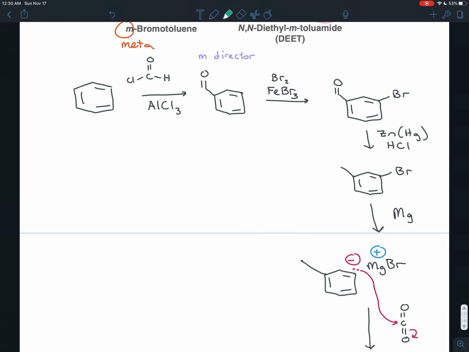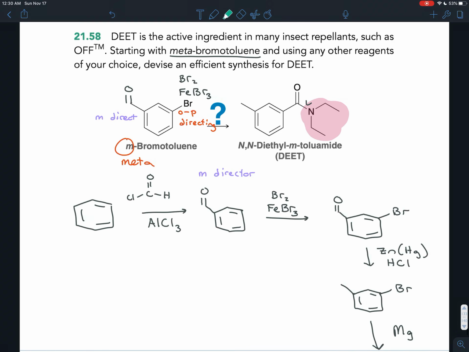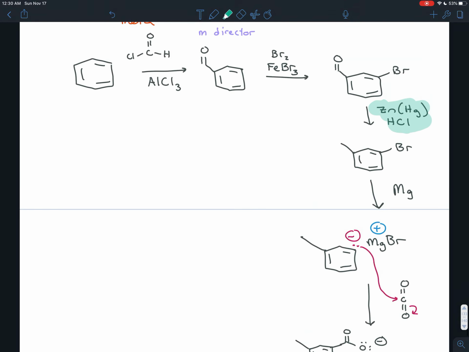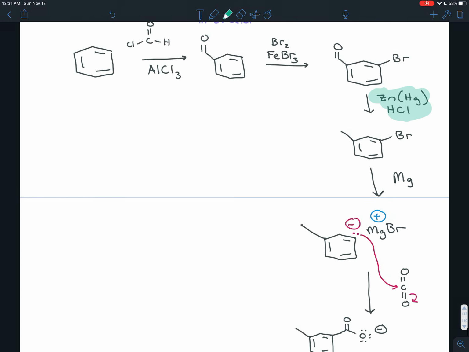That added on the meta position. Once that was added, we needed to get rid of that carbonyl because it's not in our product. And so we reduced it with a special recipe that reduces these carbonyls conjugated with a benzene ring: zinc-mercury amalgam in hydrochloric acid.